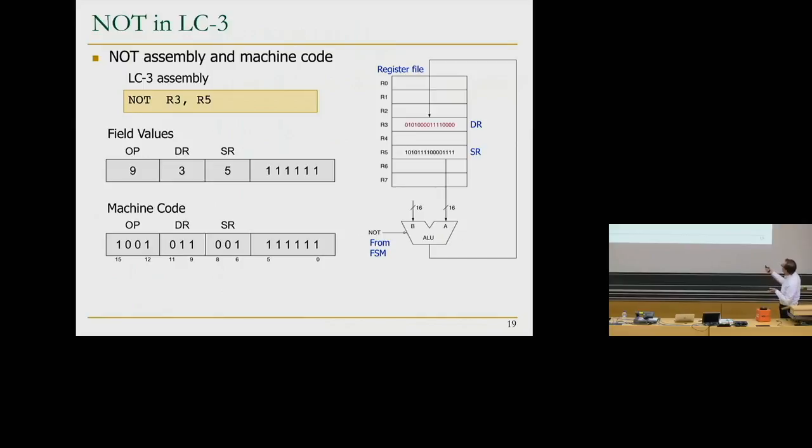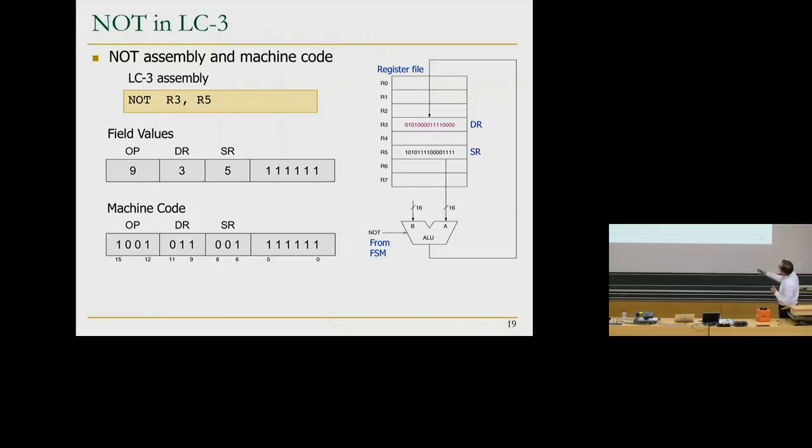But how is this implemented in the data path? Whenever you decode NOT in the decode stage, you jump into a state where the ALU operation gets the right signals to do the NOT. From the finite state machine where we decode, you get the NOT operation. The source register is specified to be the source register ID that's in the instruction, these bits.